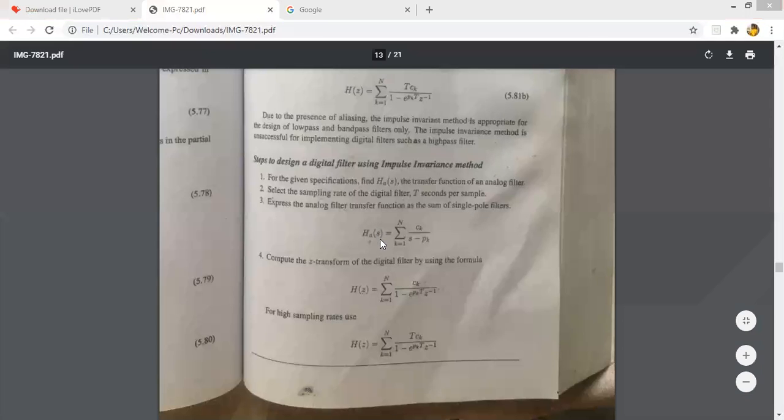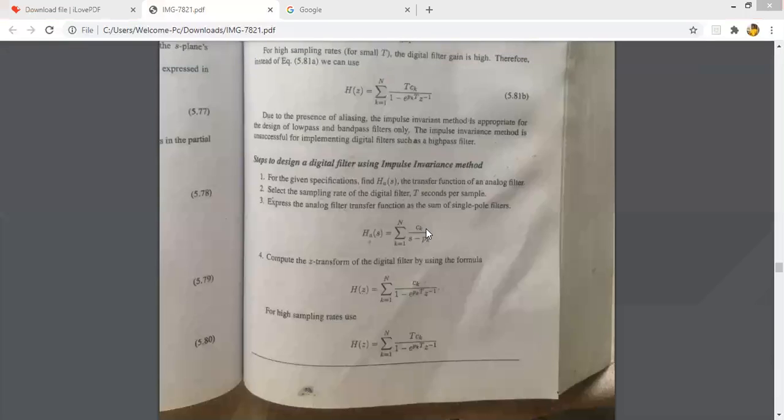the transfer function in partial fraction form, like a single pole form only. If you are getting complex poles also, you have to write single poles only, you should not write two poles. So write the transfer function as a sum of single pole filters like this.